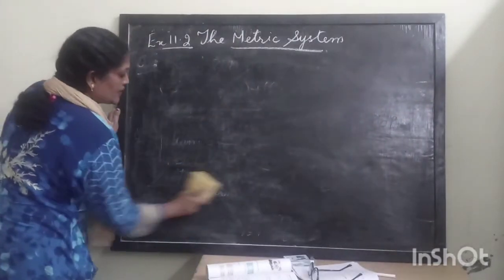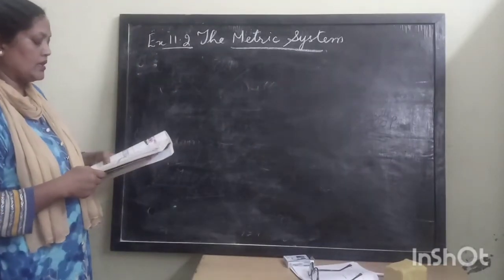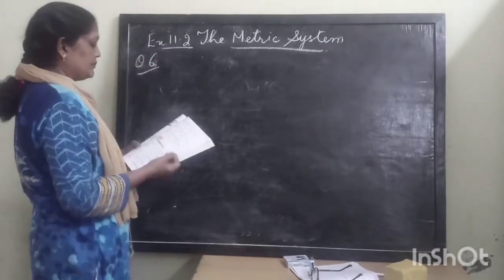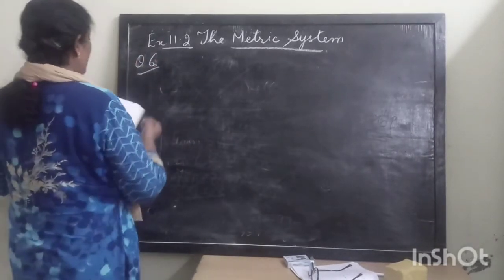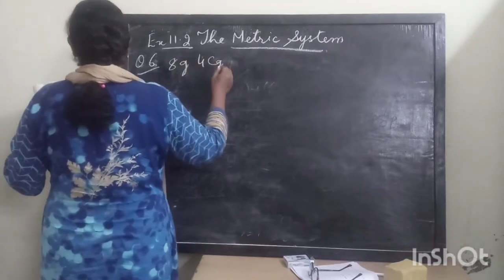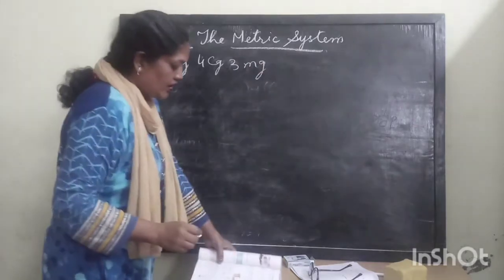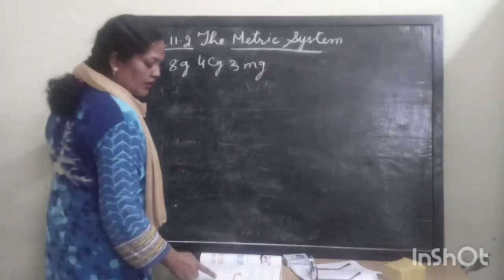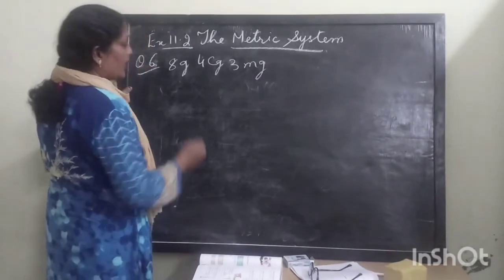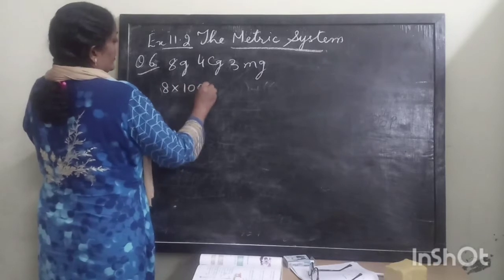Now come to the next part. See here, next is question number 6. Convert into milligrams. That is 8 gram, 4 centigram, 3 milligram. First you will convert it. 1 gram is how many milligram? 1000.